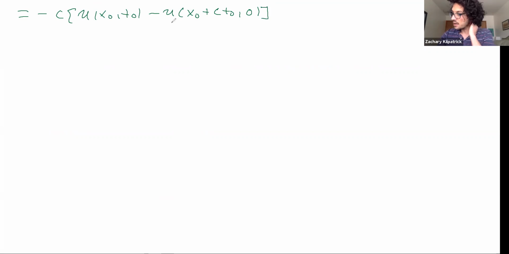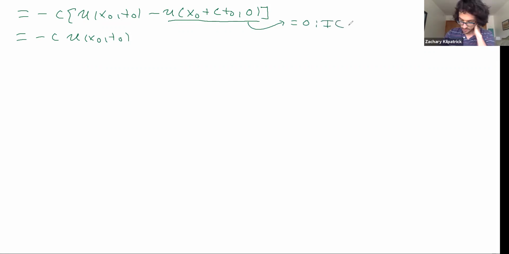And again, because I had homogeneous initial conditions, I know that that second term there is just going to be 0. So I can write this as minus c u(x0, t0). So again, this is going to be equal to 0 because of the initial conditions. Okay?